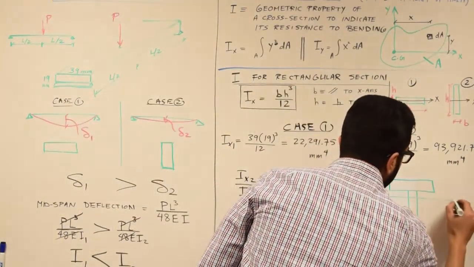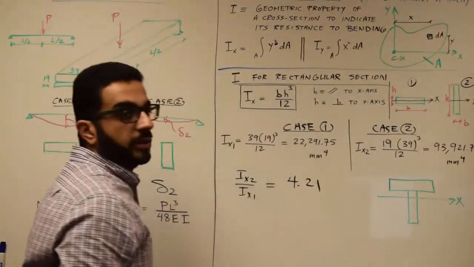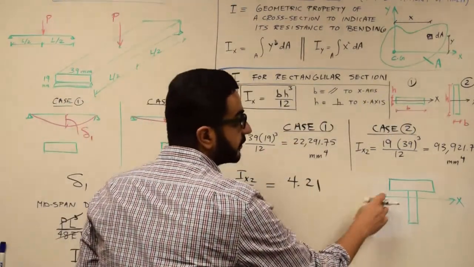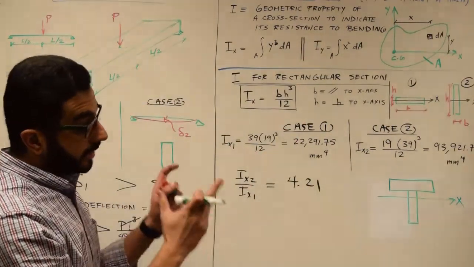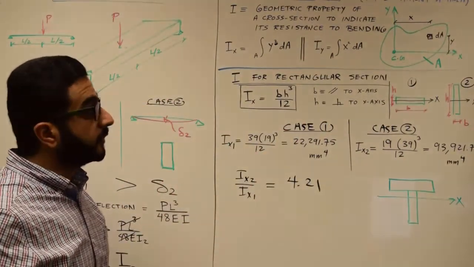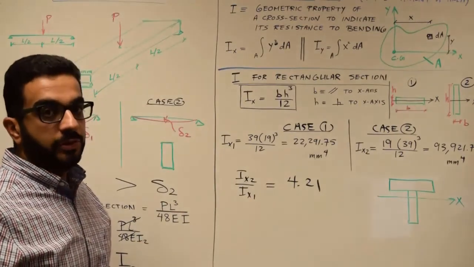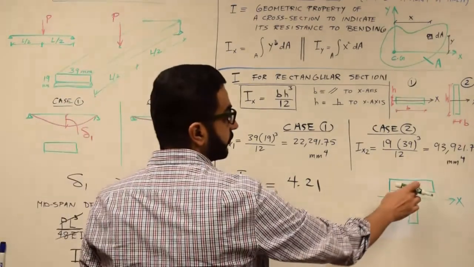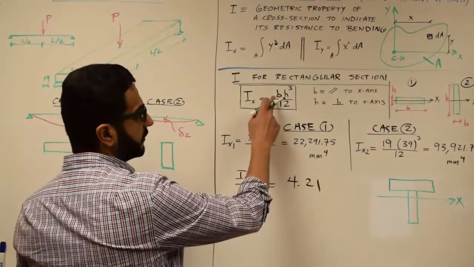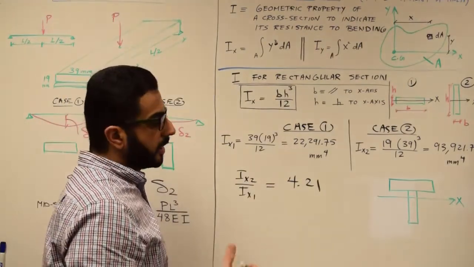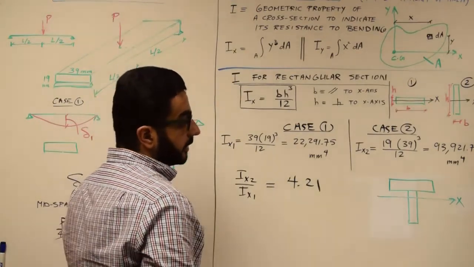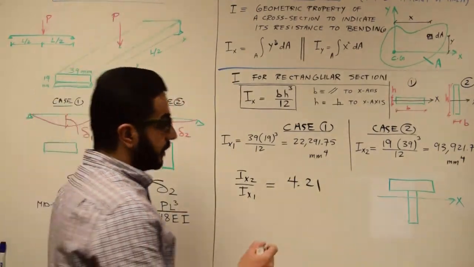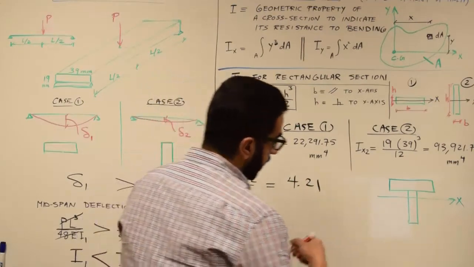Here I need first to find where the centroid X is, and then around this X I need to find the moment of inertia for the whole cross section. I recognize it's made up of 2 rectangles, but the parallel axis theorem will help me find, for this whole section of 2 rectangles, each one has its own bh cubed over 12, how to find the I for the whole cross section. So hold on that, we'll learn more about how to use the parallel axis theorem.